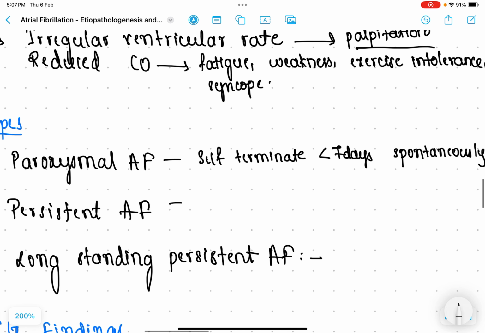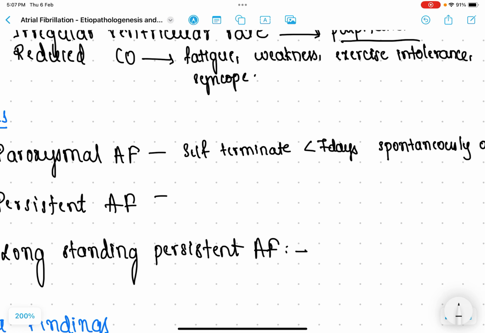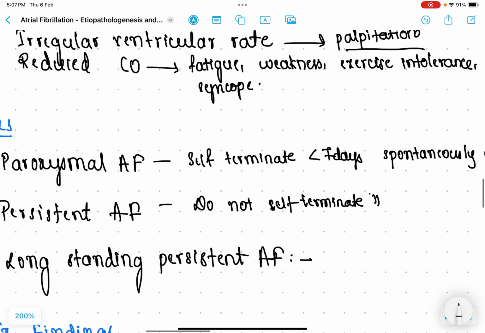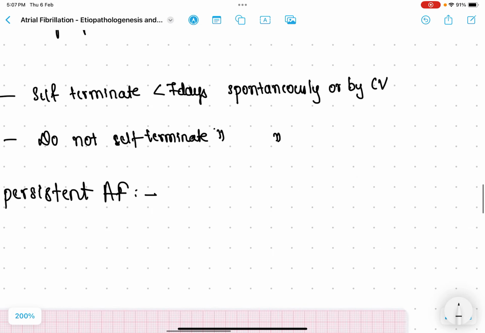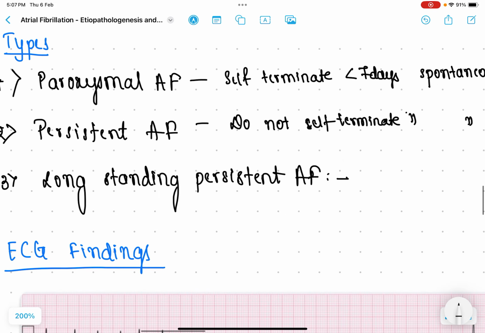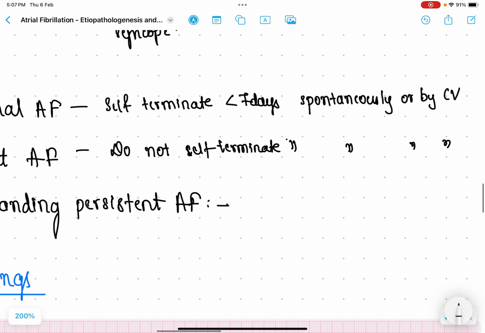This is paroxysmal AF. Persistent AF is when they do not self-terminate within 7 days. Long-standing persistent AF is when they are present for more than 1 year.